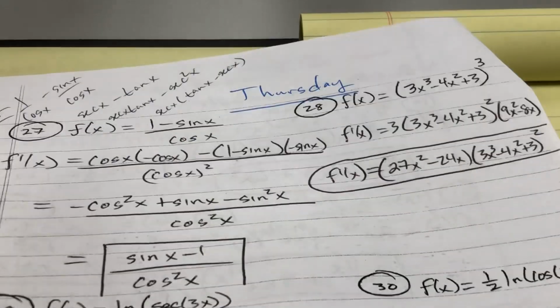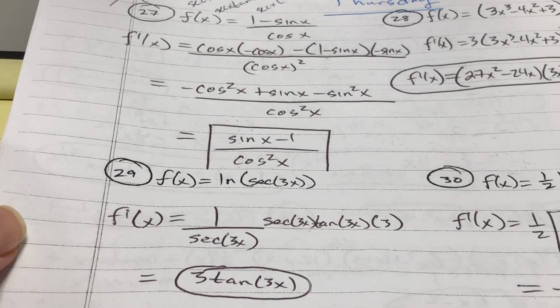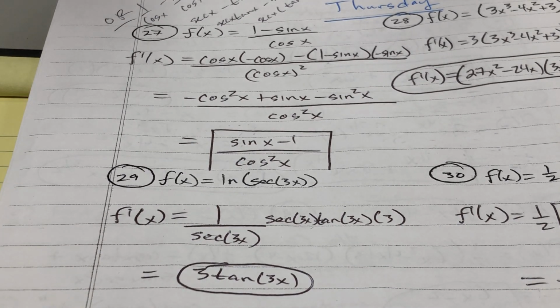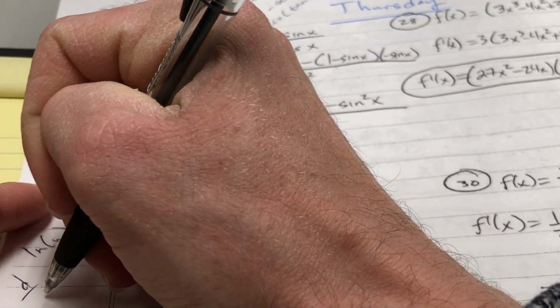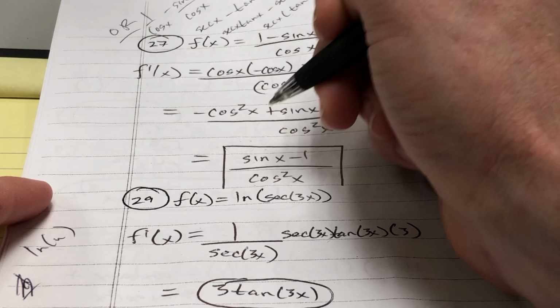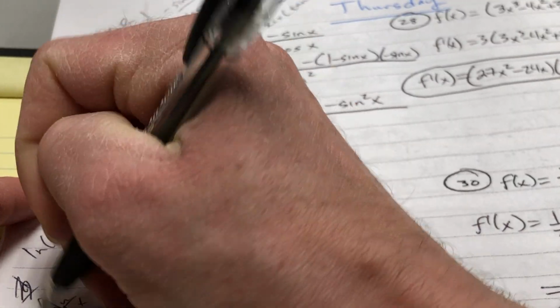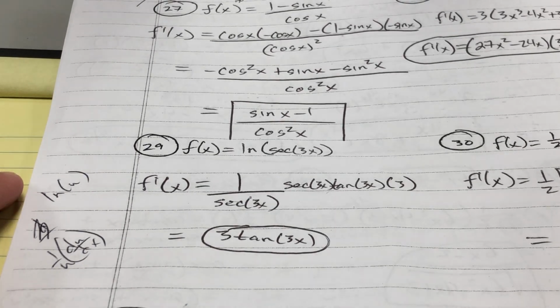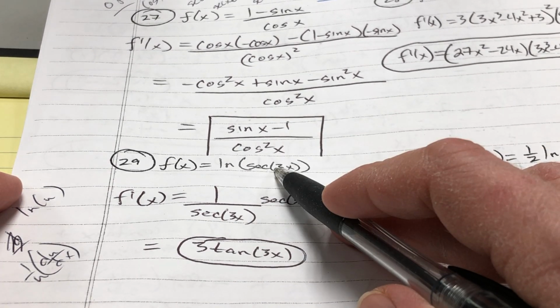All right, let's take a look at these last 4 on the page here. So natural log u. The derivative of natural log u would be 1 over u times du dx. 1 over u times the derivative of this with respect to x.